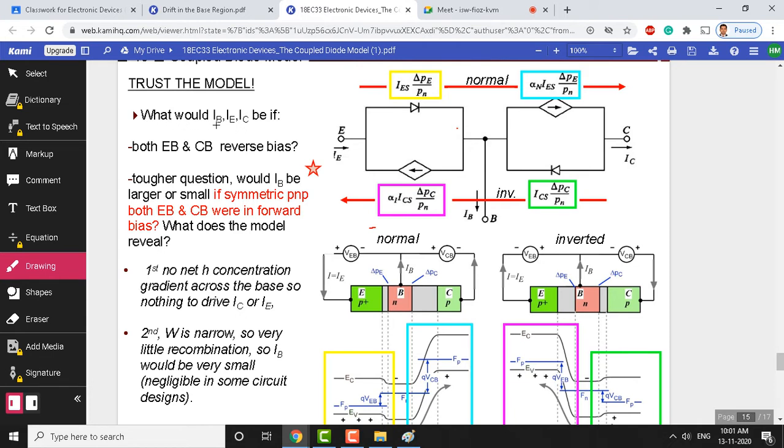What would be the base current, emitter current, and collector current if both the emitter base junction and the collector base junction are reverse biased? Do you think this model provides a solution for this? Take a minute and analyze this from the model, and tell me what the three currents would be: base current, emitter current, and collector current, if both junctions are reverse biased.